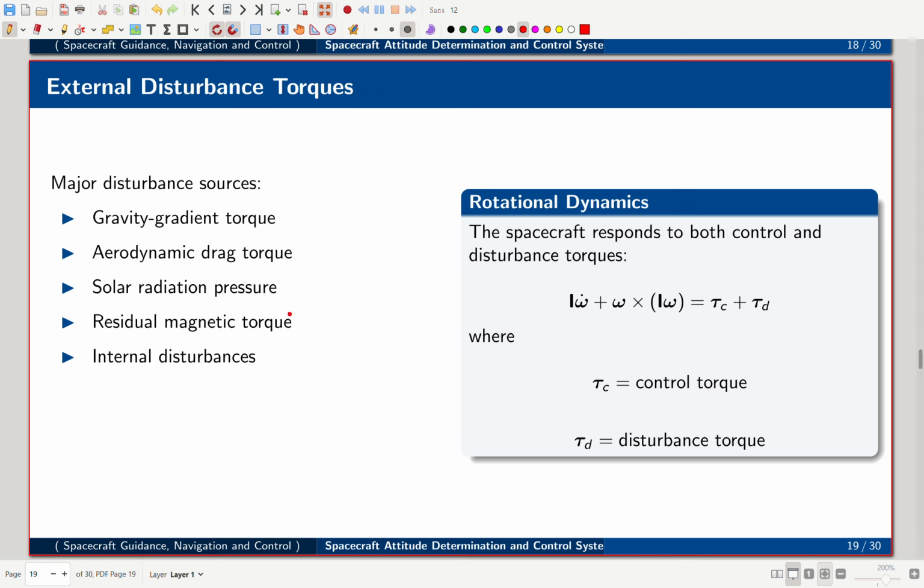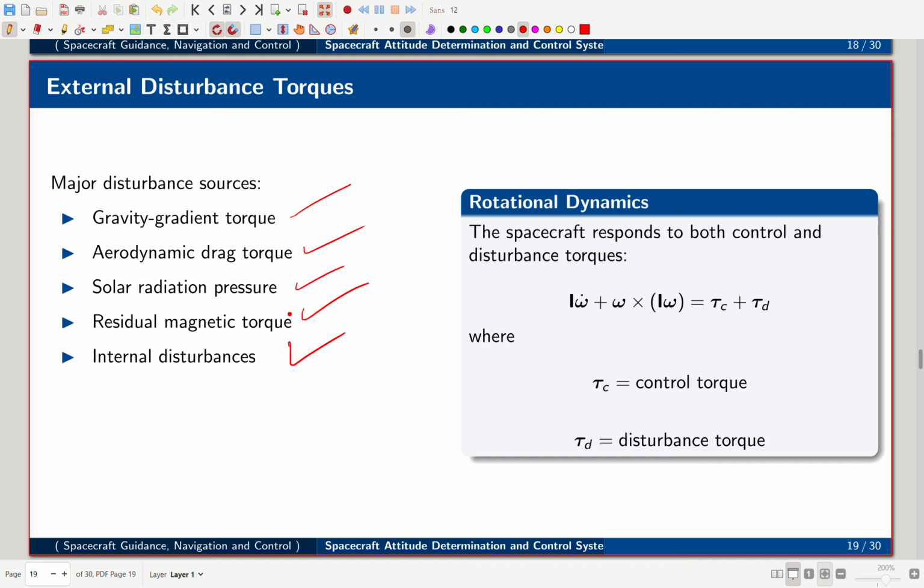The major disturbances are external disturbance torques like gravity gradient torque, aerodynamic drag torque, solar radiation pressure, and residual magnetic torque, as well as internal disturbance torque. These disturbances are always associated with the spacecraft and create problems, so correction is required for orientation.